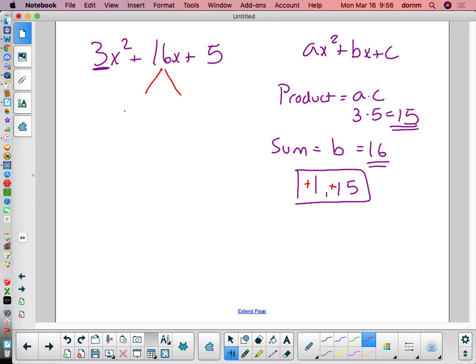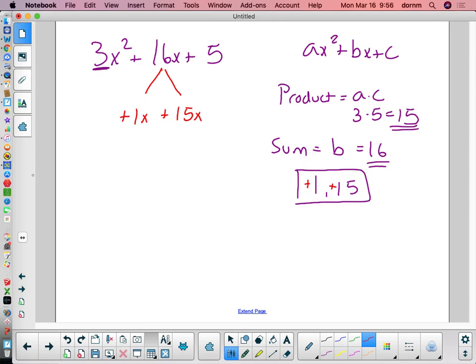I'm going to turn that into a plus 1x and a plus 15x. Now, all I'm doing is re-expressing it, right? There's still 16 x's there, just like there were before. I just split it up. And the magic numbers tell me exactly the right way to split it up.